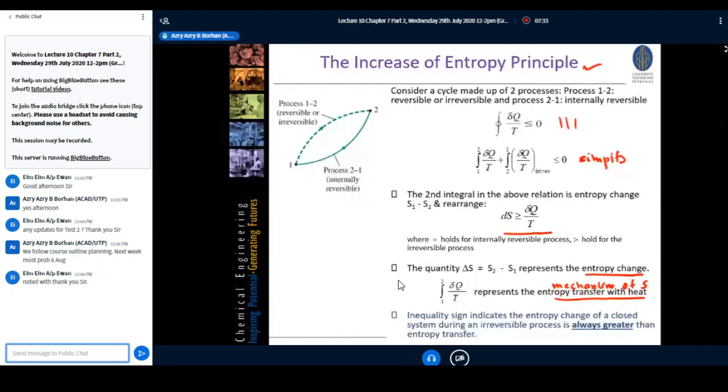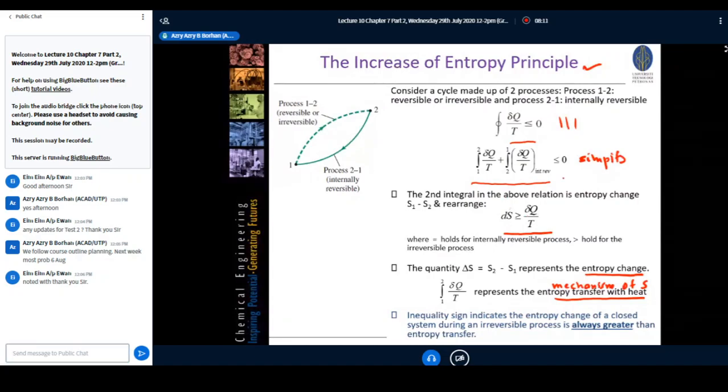Now, from the increase of entropy principle, we take into account a process from state 1 to state 2, which is reversible or irreversible, whereas to restore the system back to the initial state, state 1, it undergoes an internally reversible process. When you expand the system, this is how the initial equation looks. The second part here represents the internally reversible process, from our earlier definition.